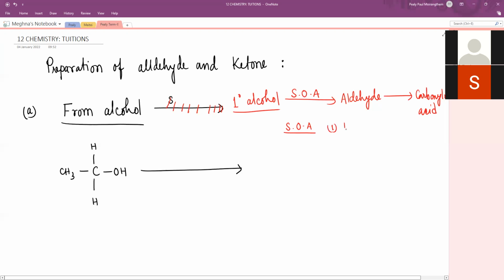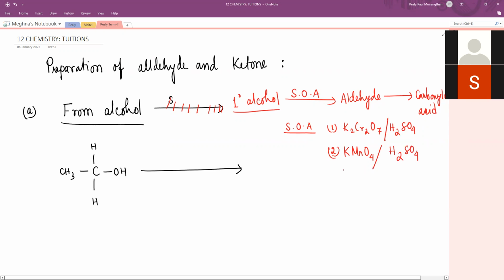Now, the names of the strong oxidizing agents. Number 1, K2Cr2O7, of course in presence of H2SO4. Even we can use KMnO4 in presence of H2SO4.